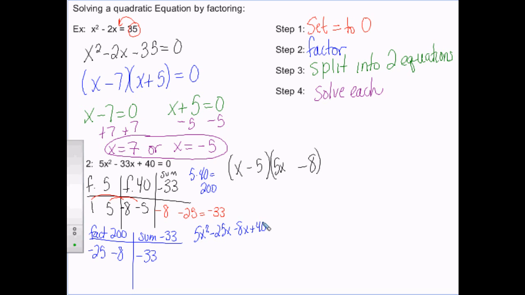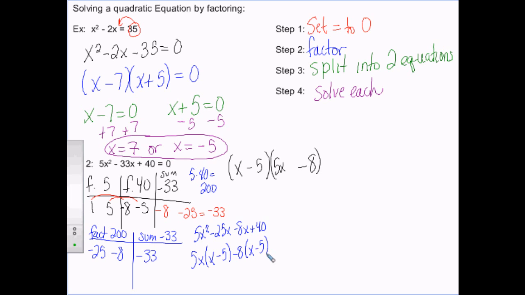Okay. Factor the 5x out here. Factor out the 5x, and I'm left with x minus 5. Factor out the negative 8, and I'm left with x minus 5. And I still get this part. So x minus 5 times 5x minus 8.